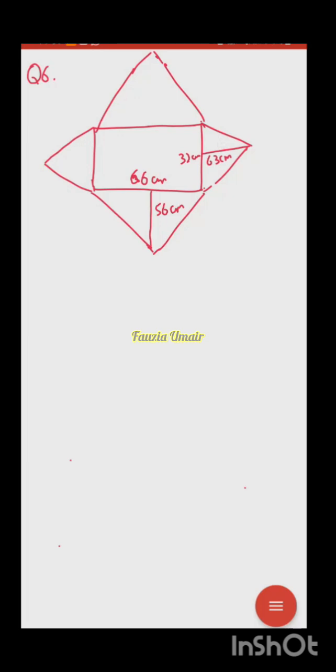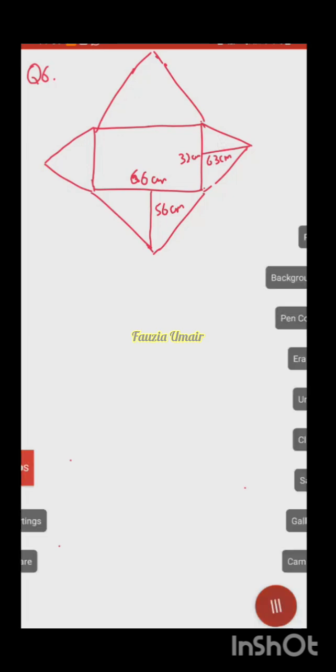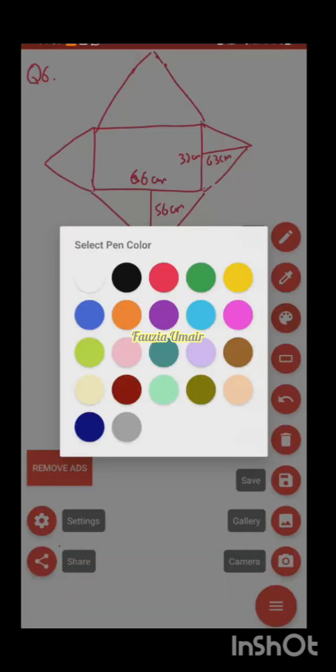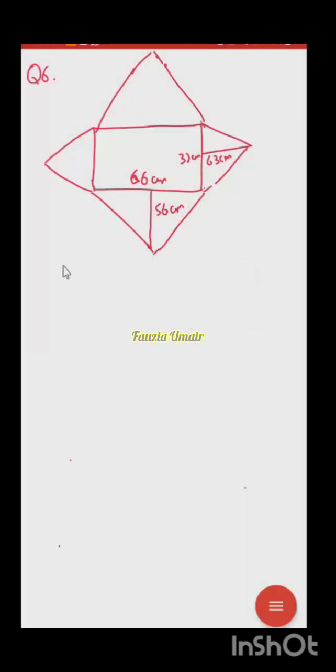First of all, how many faces are there in this particular pyramid? There are 5 faces, right? For the surface area, the formula is the total area of all faces.